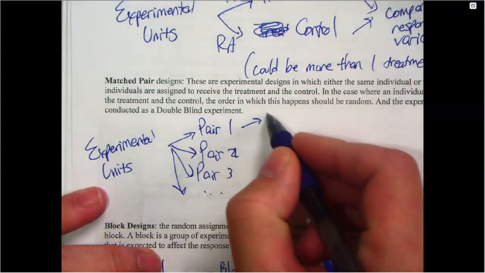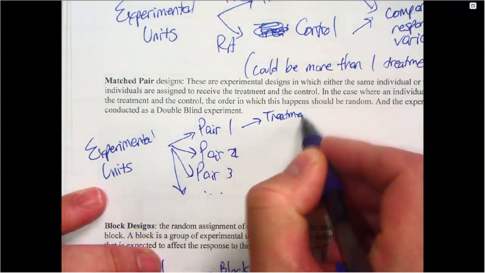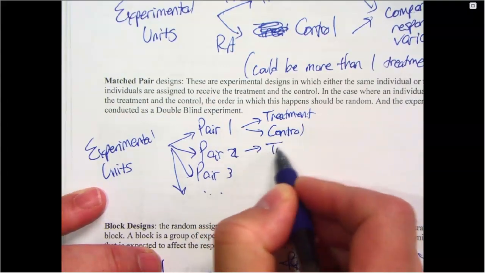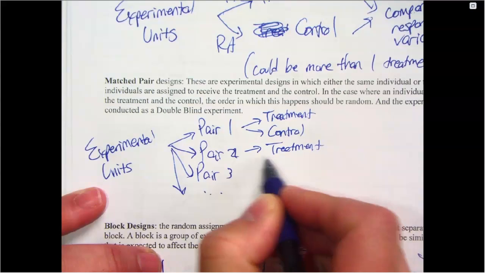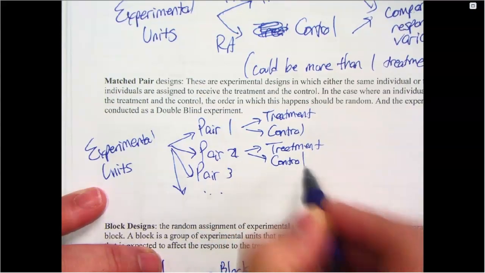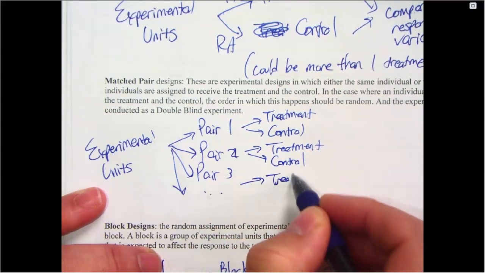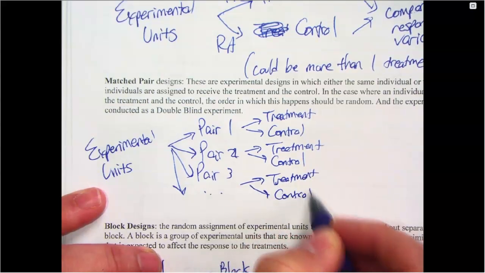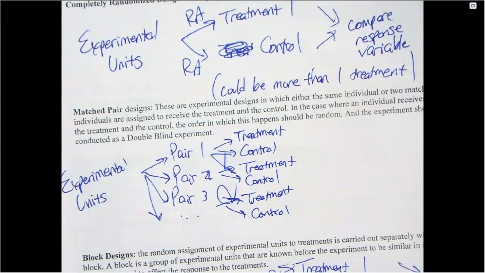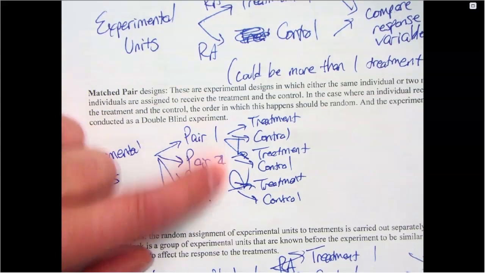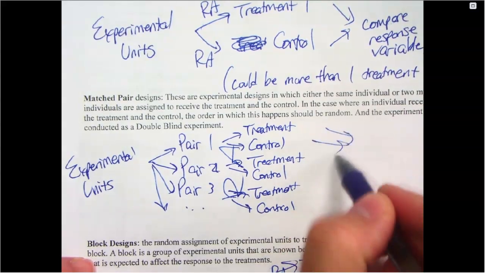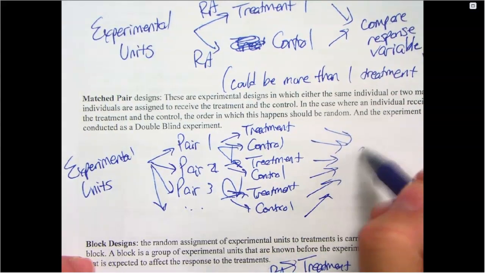And then in every pair, one person gets the treatment and one person gets the control. The splitting into pairs is not random. That's very intentional, but the split into treatment and control is random. That's supposed to say RA right there, random assignment for all of those. And then we would compare response variables.